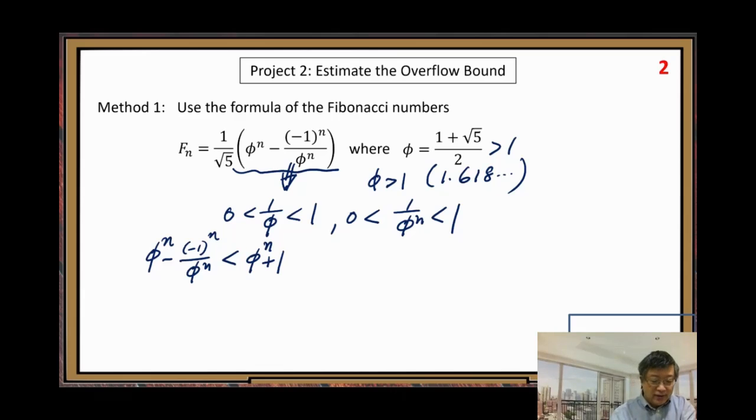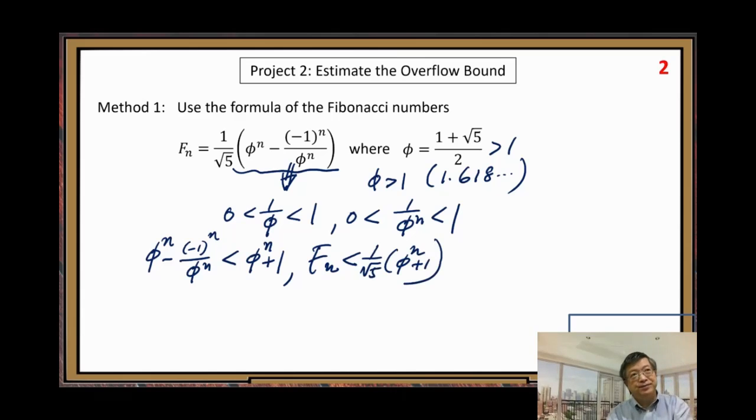You can see after we use plus 1, it is much simpler. So the formula: f sub n less than 1 over root 5 times phi to the nth plus 1.